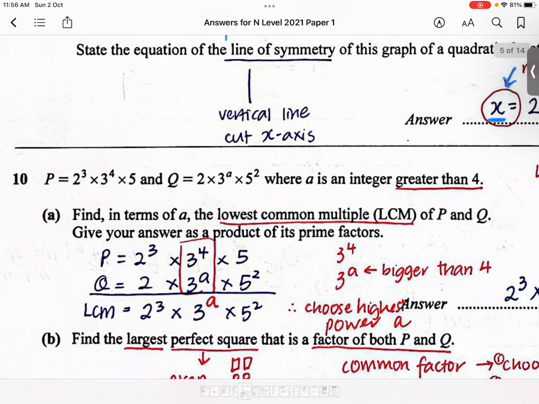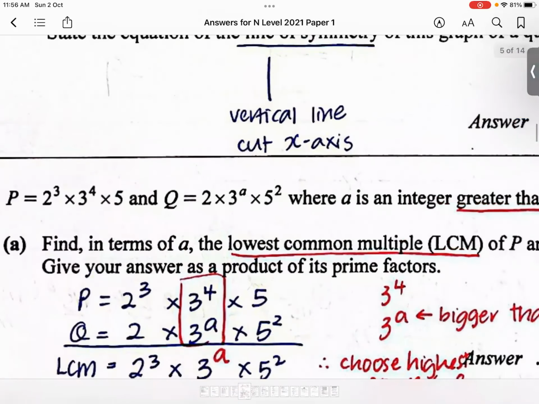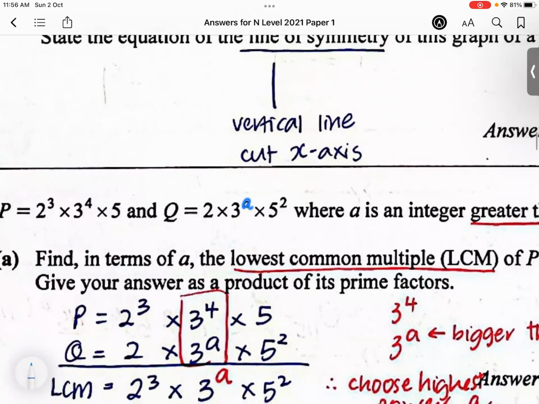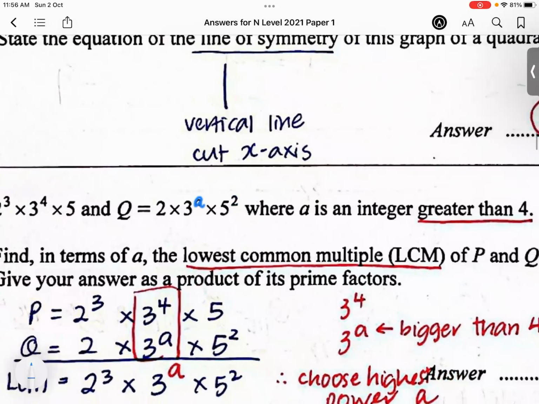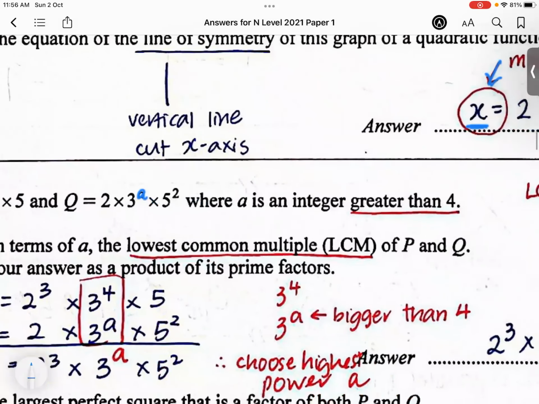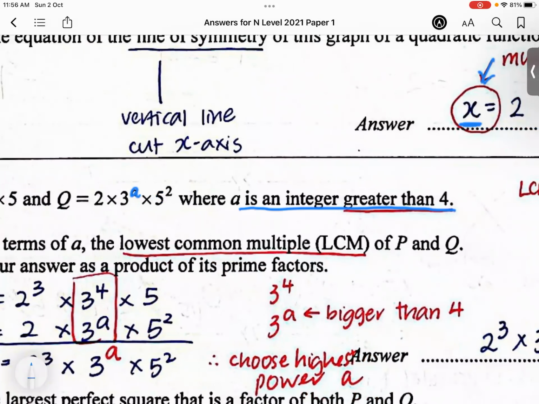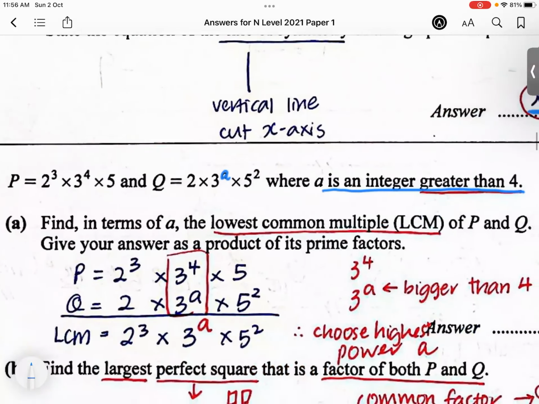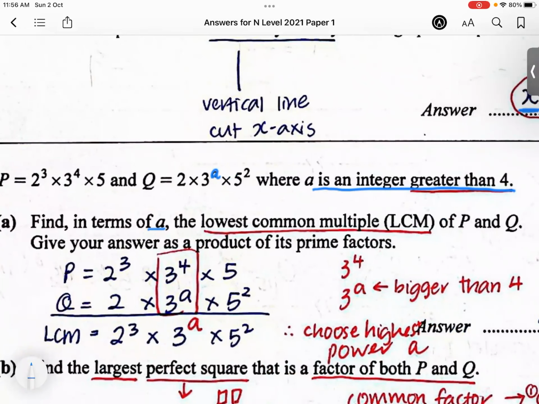First thing, we have all these values in terms of prime factors. This is my power A over here. And they not only say that this is A, they say A is an integer greater than 4. So A is larger than 4. Then the question says find in terms of A, so your expression should have A somewhere.